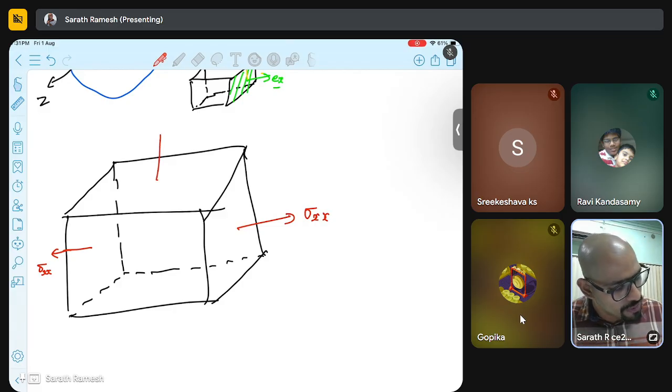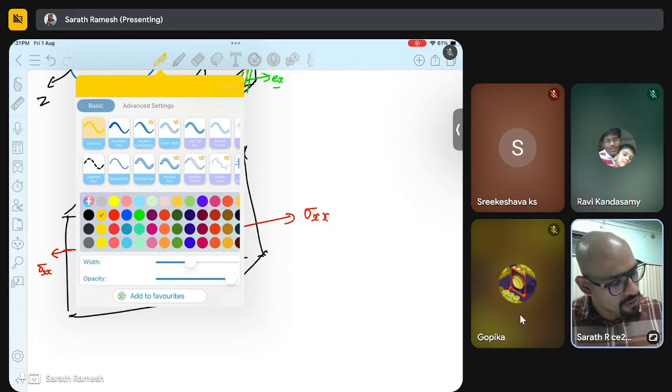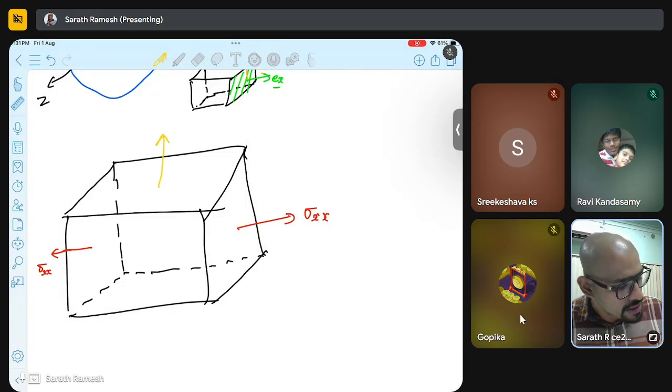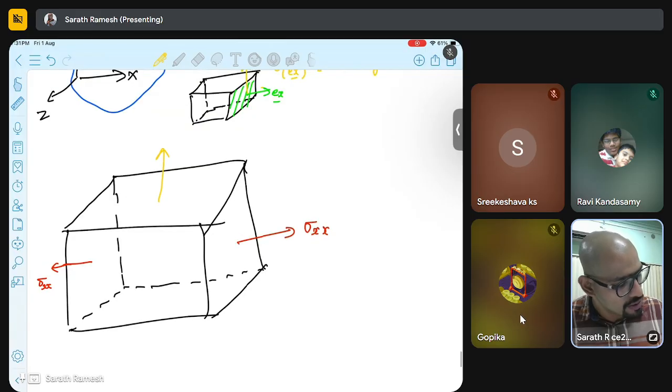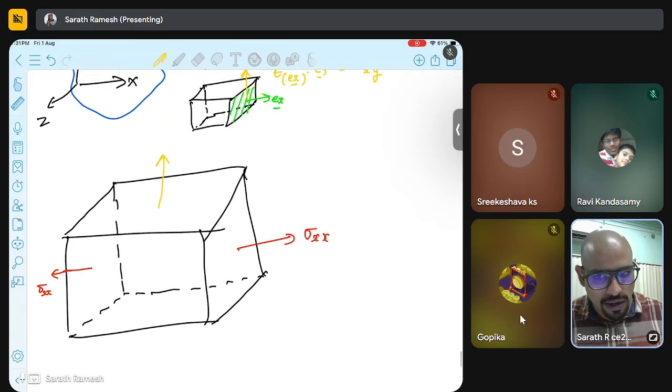Similarly, what will be this? Let's use a different color. This plane is the y plane, and the traction vector is acting along the y direction, right? So this is sigma yy.